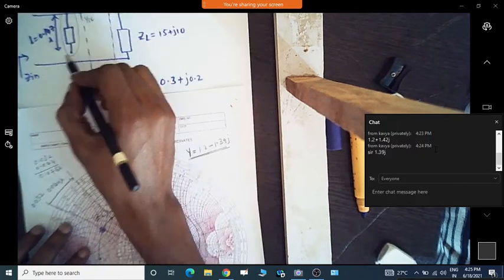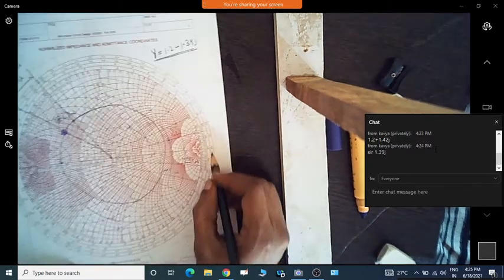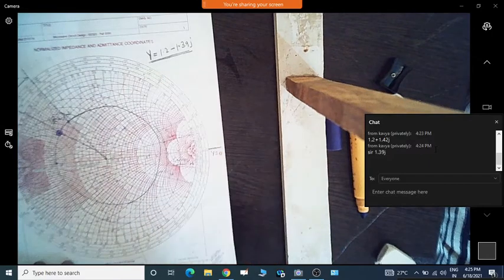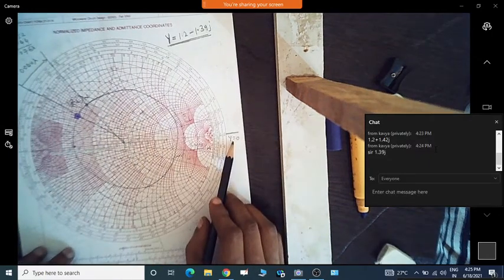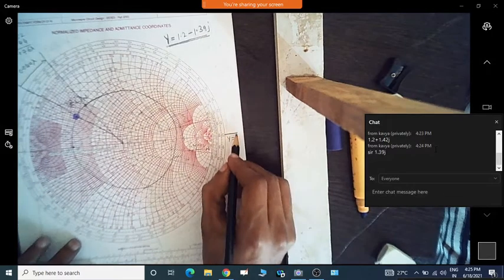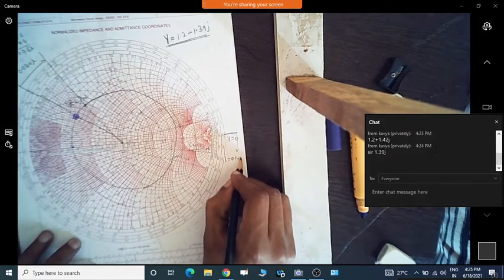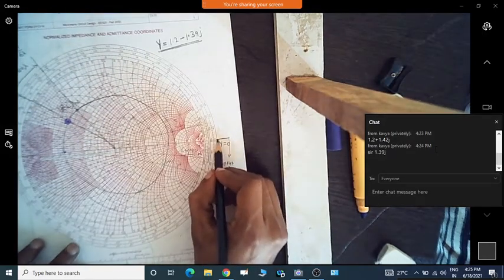Since it is an open circuited stub, the open circuit is here, where y equals 0. Since it is a shunt open stub, we have to take this point y equals 0, and from this point we have to move a length of 0.147 lambda. You can see here it is 0.25 at this point.